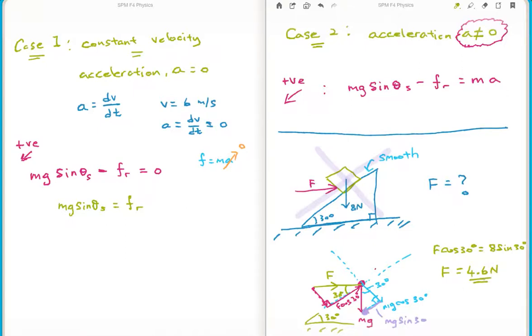Right? I think this is basically how the question will come out. But of course, there are questions that involve acceleration. This is what you need. Pause this video, have a look at it, understand it, ask your friend, ask your teacher at school. If you really don't get it, all you need to do is copy this one here and this one here.